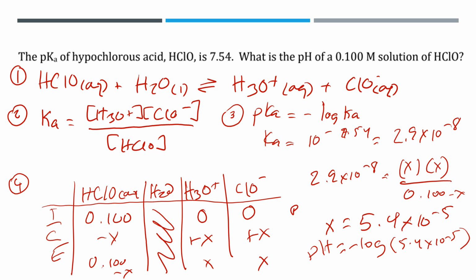So pH equals negative log of the hydronium concentration. This equals my pH, so it's going to be about 4.27. Whew, that was exhausting. All right, so again, not too bad. It's taking a lot of things you all know already, but at the same time expanding a little bit on it. You know what I'm saying? All right, very good.